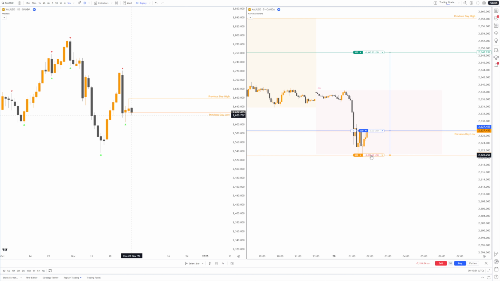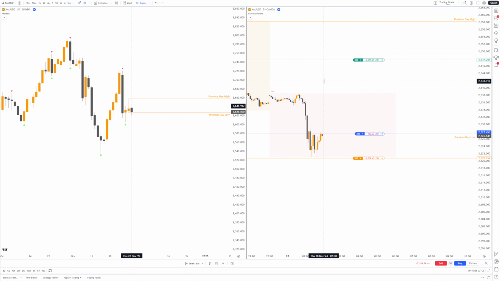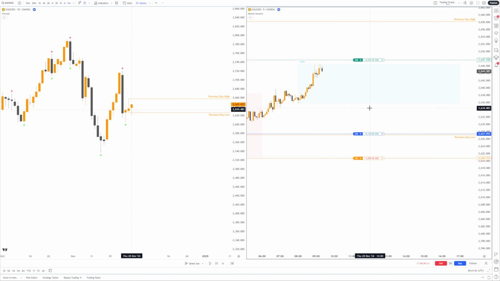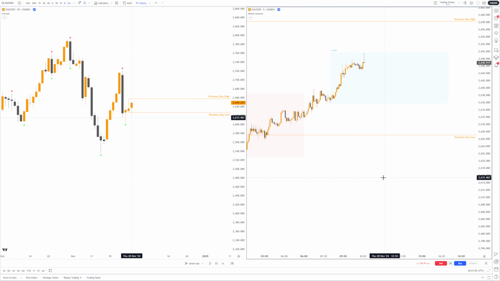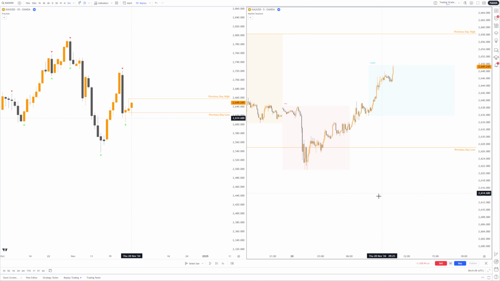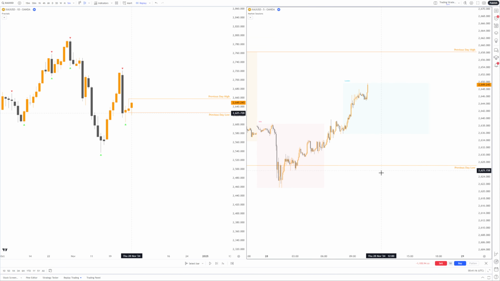Okay, 4. Let's see what happens. Do we get stopped out? Or does it hit TP? Okay, we have hit TP. Brilliant. Now we have recovered the account and it's sitting at minus 1.1k.